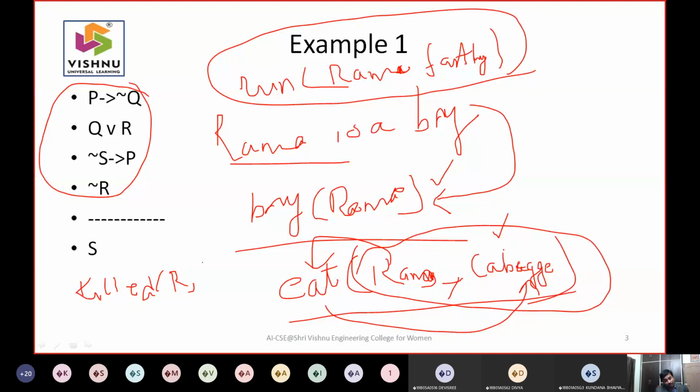Rama was killed by somebody. We say that is y. This y will have an existential quantifier. So what we do is generalize things in terms of quantifiers, whether it is a universal quantifier or an existential quantifier. Based on that, we try to represent the knowledge.